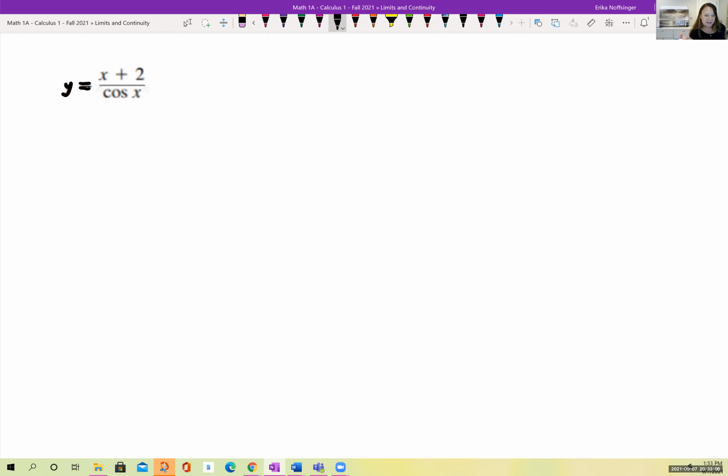The problem is I can't have cosine of x, what's in my denominator, equal to 0. So let's think about when cosine of x is equal to 0. I'm going to put equals instead of not equals right now. If we're thinking about the unit circle, remember cosine was the x value of your point.